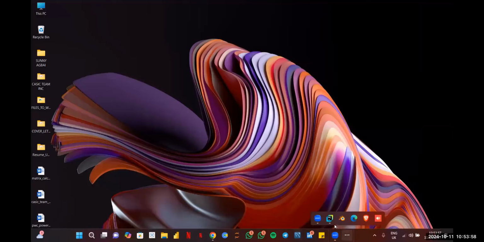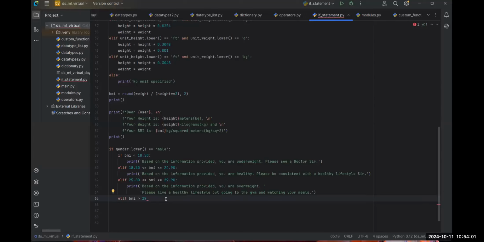Now, let's go back. So, BMI greater than or equal to 30.00. What happens? The person is obese.